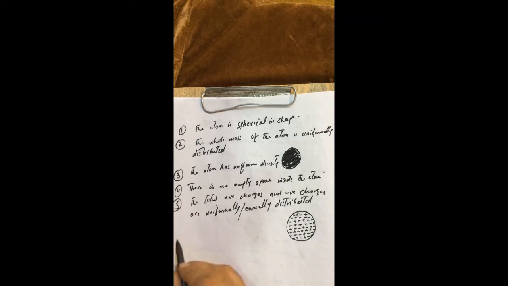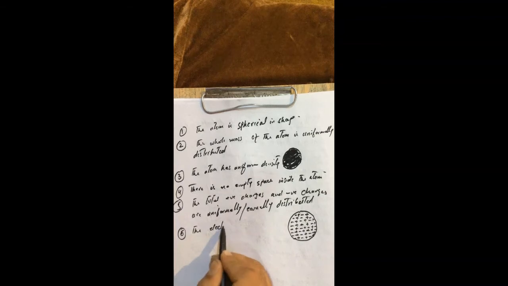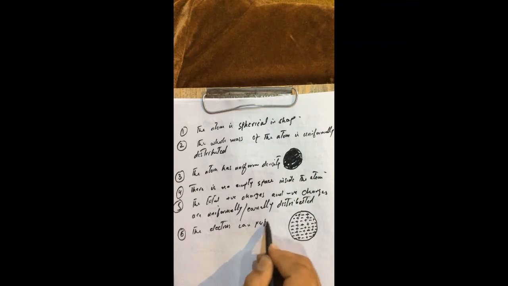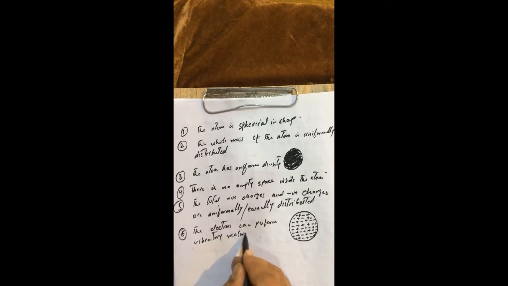And the final point of this model is that the electron, having negative charge, can perform vibratory motion about its mean position.